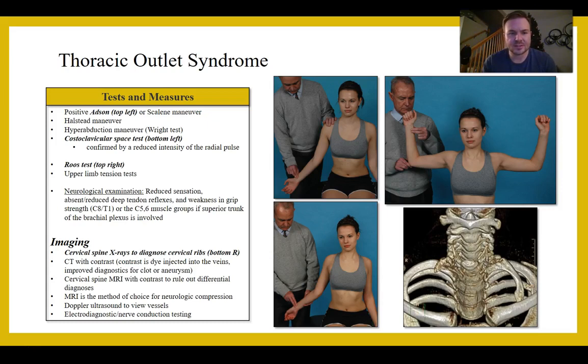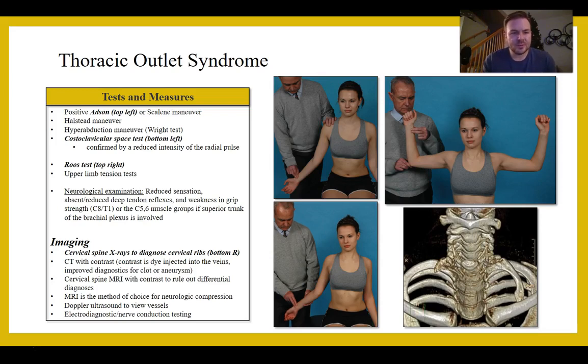You also just get a sense of palpation into those three areas, your scalenes, pec minor, or the supraclavicular space. You'll see if those reproduce symptoms. You'll also do a neurological exam. You want to look for reduced sensation or absent or reduced deep tendon reflexes, weakness in grip strength, etc. So that's how you would try to diagnose in the clinic.